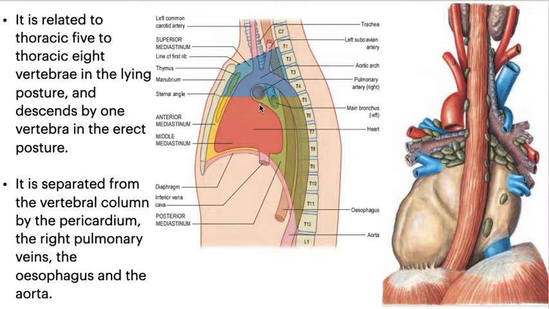It is related to T5 to T8 in the lying down posture, and descends by 1 vertebra in the erect posture, separated from the vertebral column by the pericardium, the right pulmonary vein, the esophagus, and the aorta. This is the base of the heart. You can see it separated by the esophagus over here.